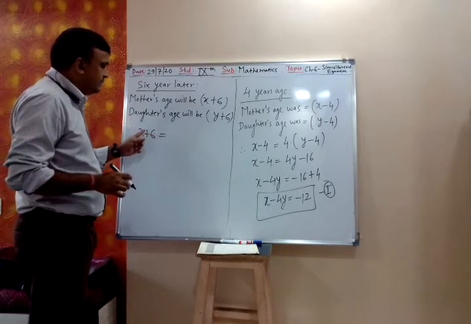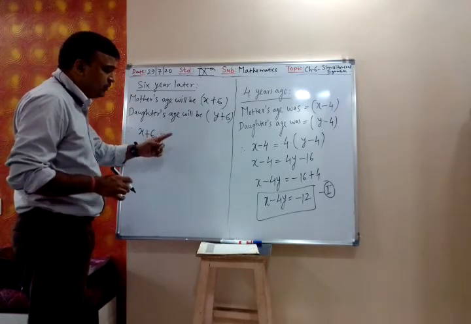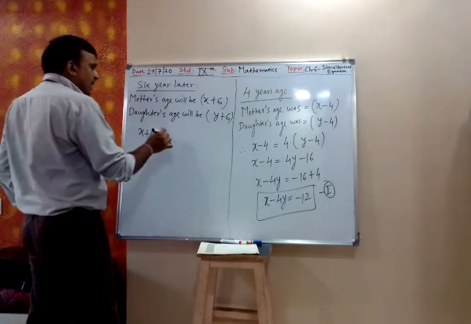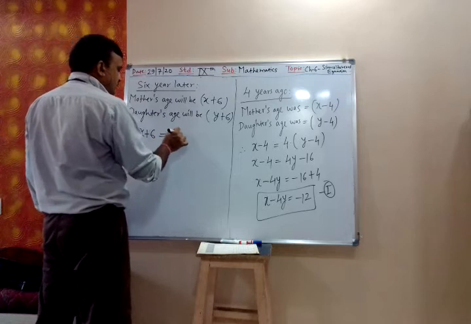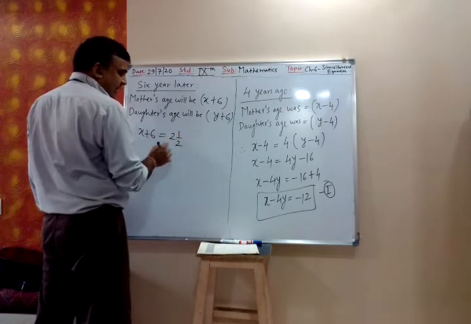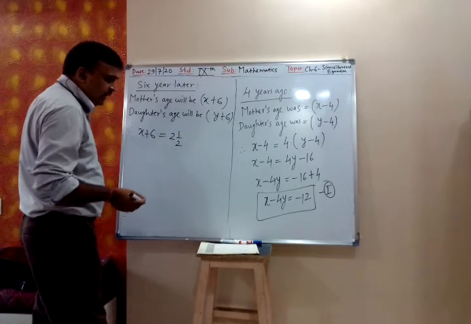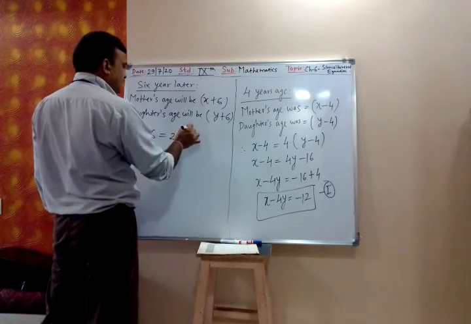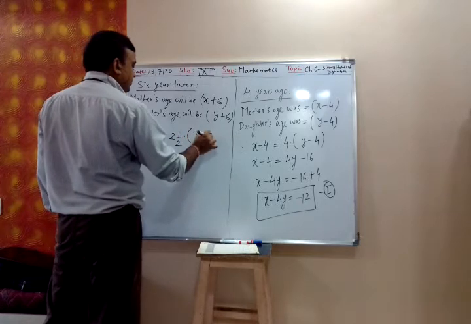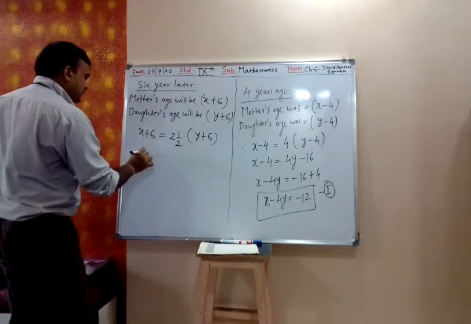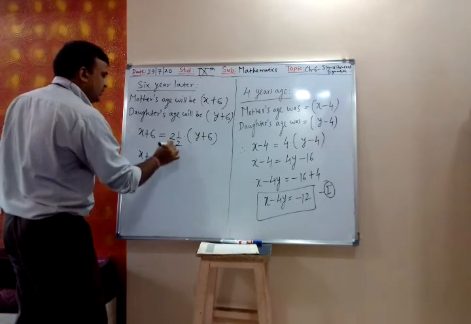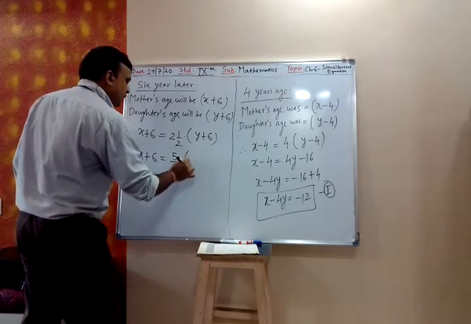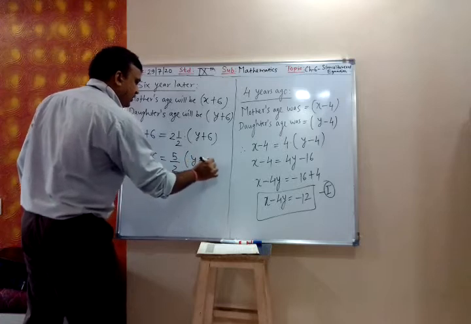Mother's age x plus 6 equals 2.5 times as old as her daughter. What is the daughter's age? y plus 6. So we write x plus 6 is equal to 2 into 1 by 2. I can write 2 twos are 4 plus 1, 5 by 2. Now we cross multiply.